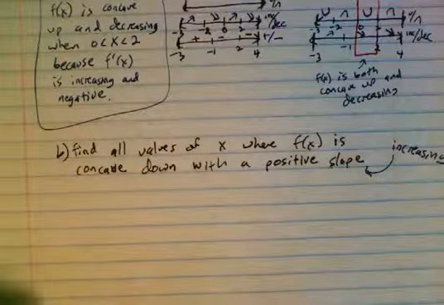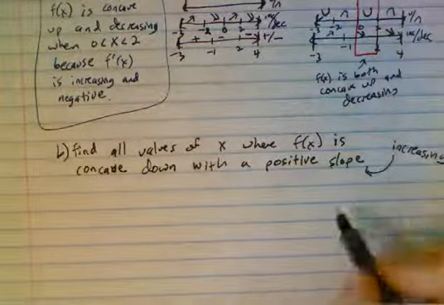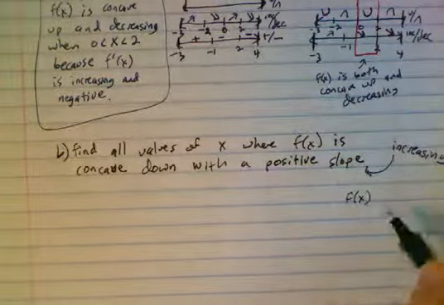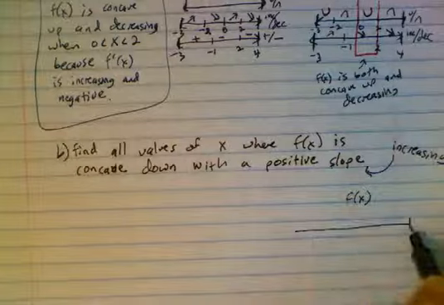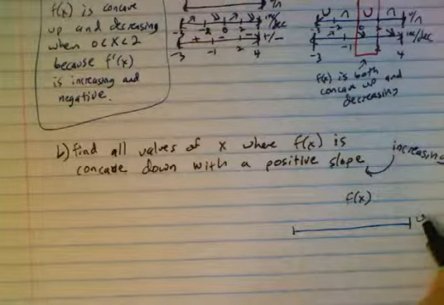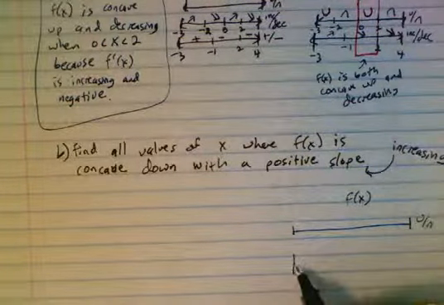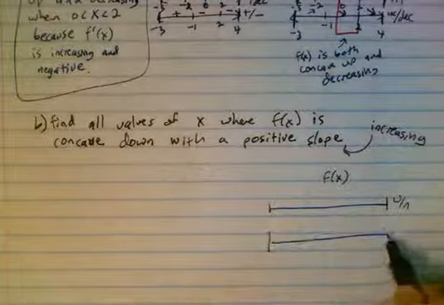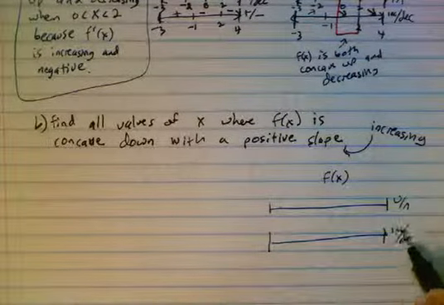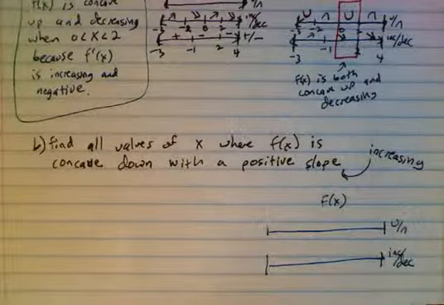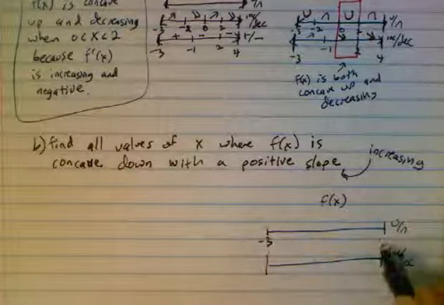So we're going to look at that same f of x graph that we have up here. Looking at concavity. Increasing, decreasing is going to be exactly the same thing.